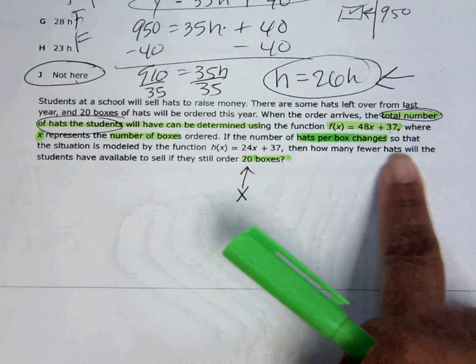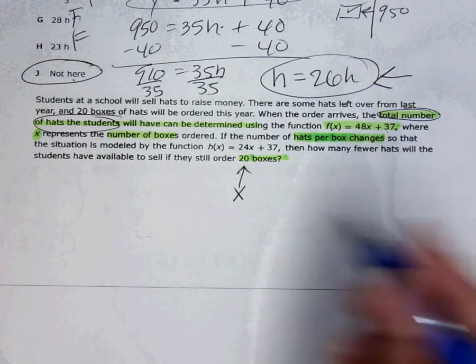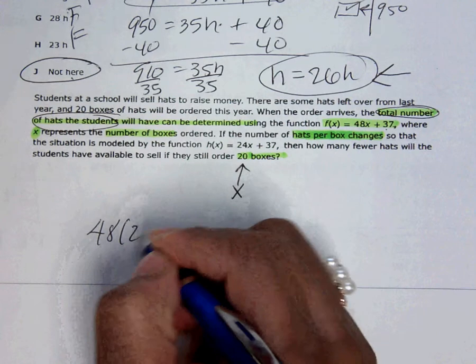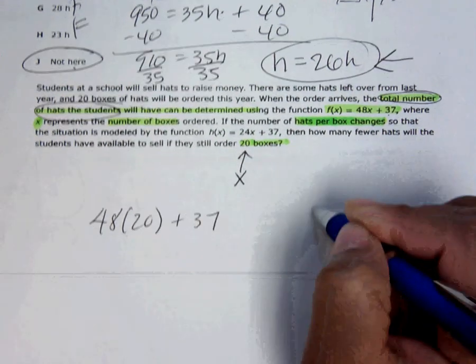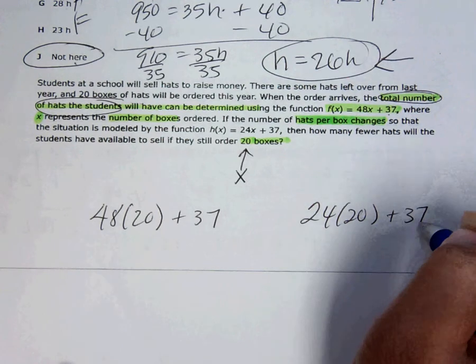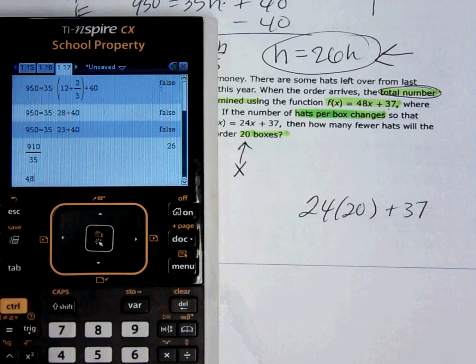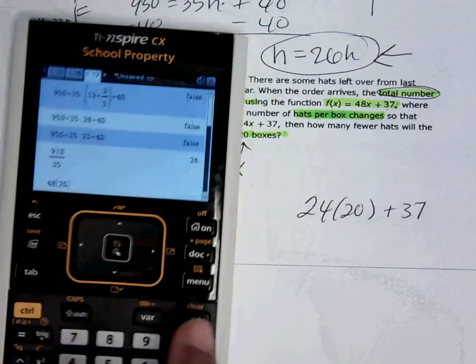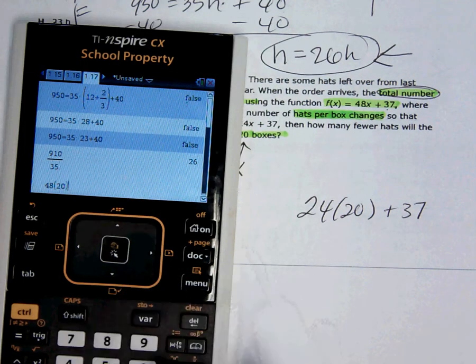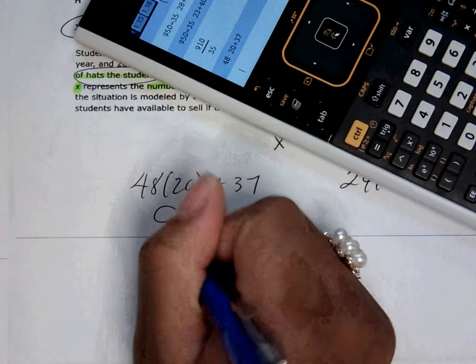Then how many fewer hats will the students have available to sell if they order 20 boxes? So x is 20. Figure out the difference. So 48 times 20 plus 37 equals 997.